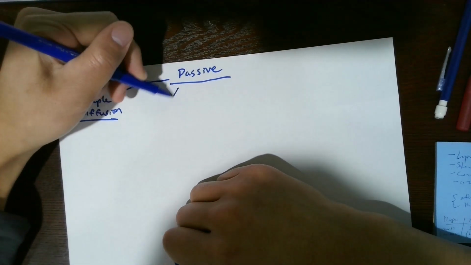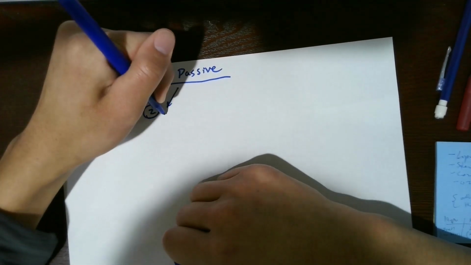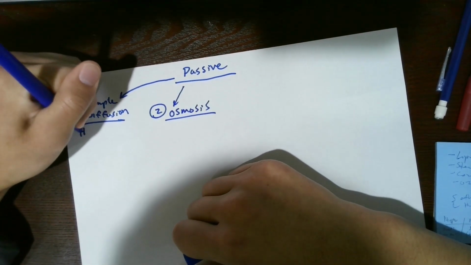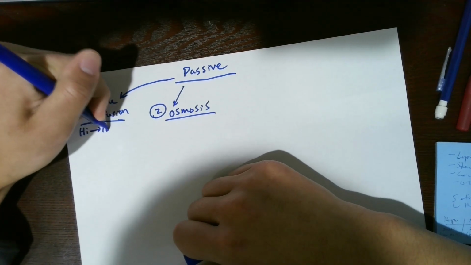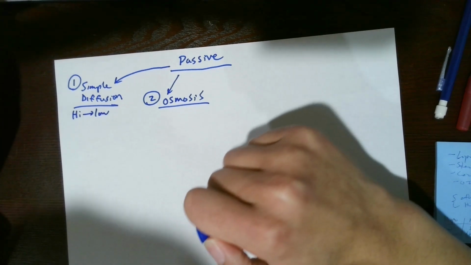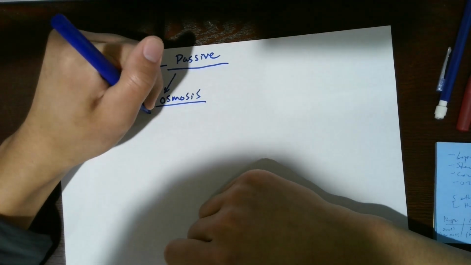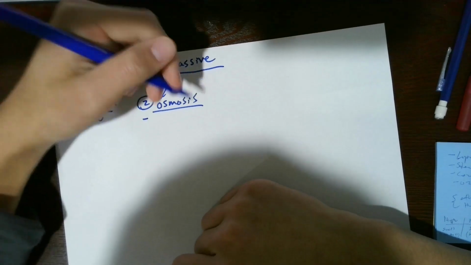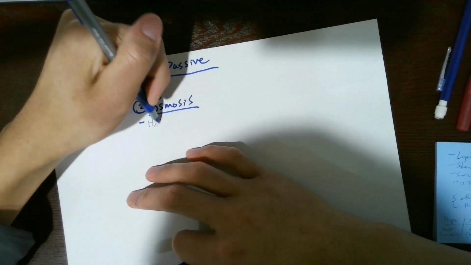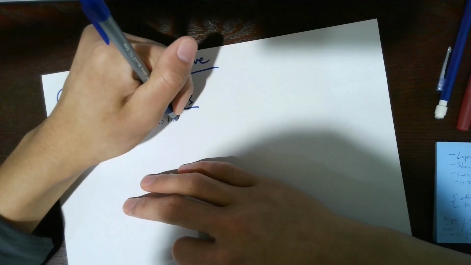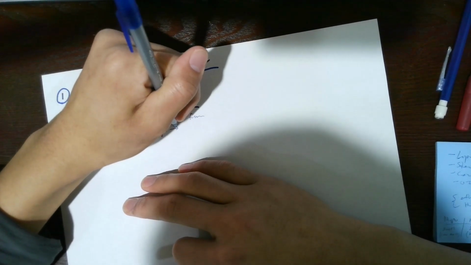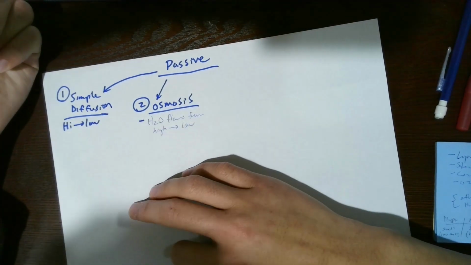The second type of passive transport is osmosis. So I'm going to write a little note. Simple diffusion is high to low concentration. The second one is osmosis. Osmosis has to do with water. And the thing you have to know about water is that water flows, so H2O flows from high concentration to low concentration.